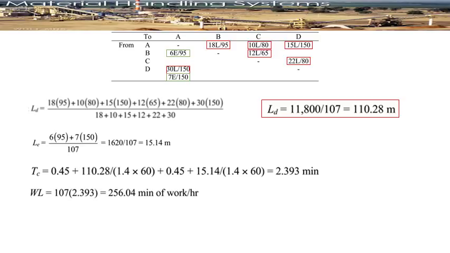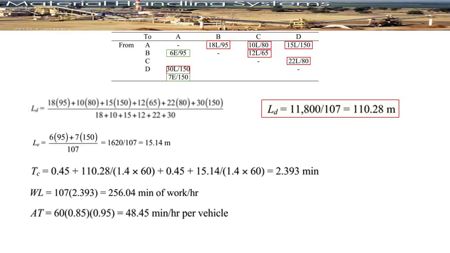WL is going to be the 107, calculated by adding the loaded carriages, multiplied by this time, which is the TC, and we are going to have 256.04 minutes of work required per hour to complete all the deliveries.